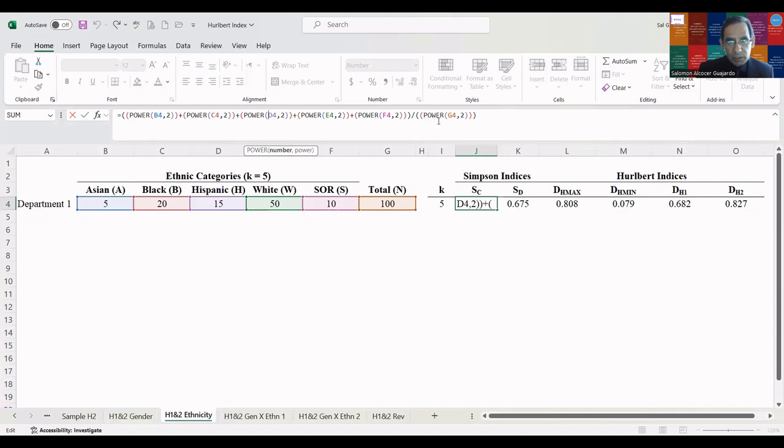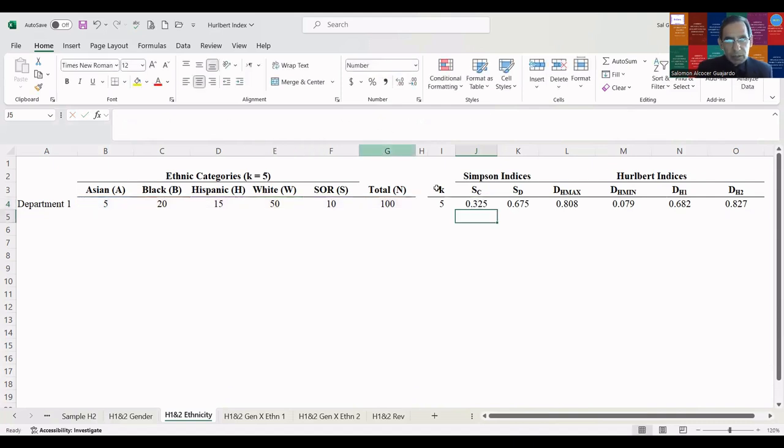So this is going to be 100 times 100. When you use the power function, it's going to be G4, 2. So in Excel, it's going to be power, parentheses, G4, 2. And then there's 3 in parentheses to encompass the whole formula.